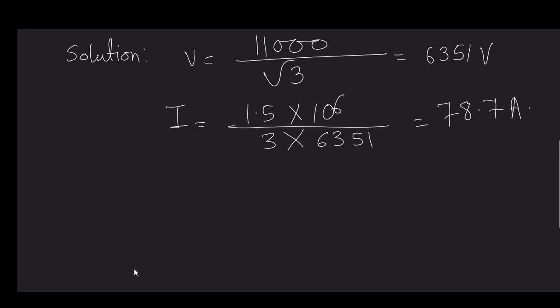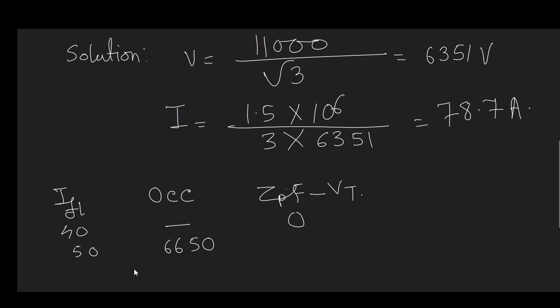We can even write the data that is there. We have got this is IFL, this is OCC, this is core loss. For the time being, let us keep core loss aside. ZPF, VT means terminal voltage. So for 40 it is 0, for 50 it is 6650.